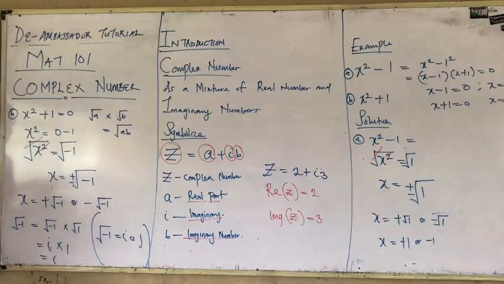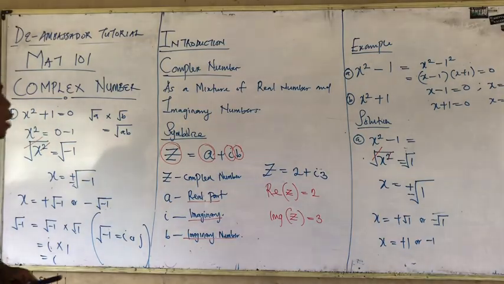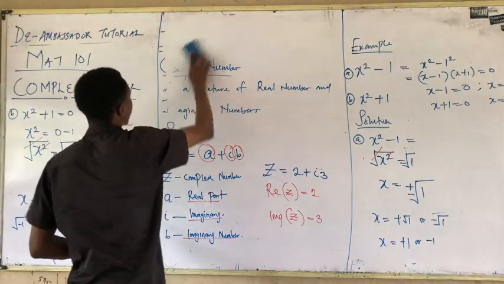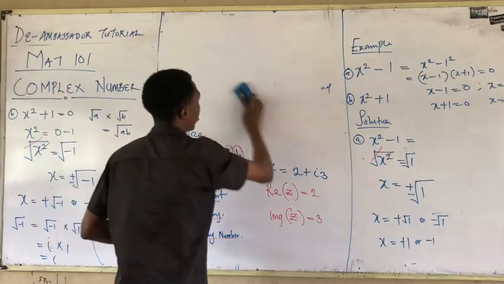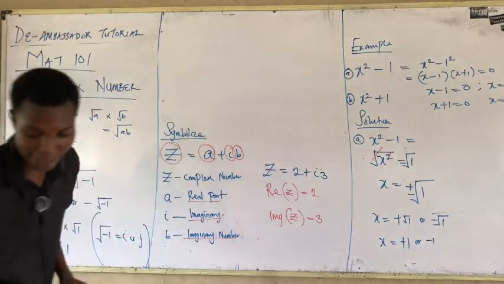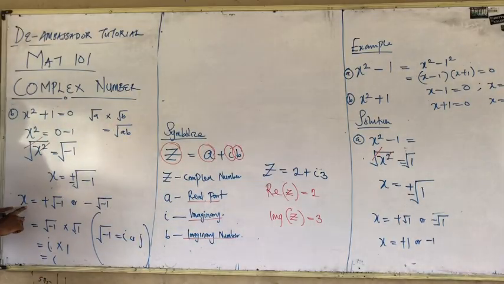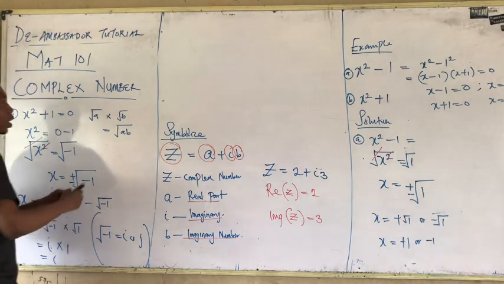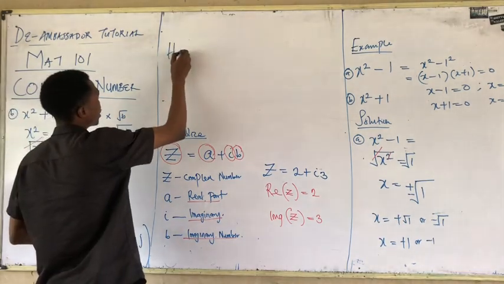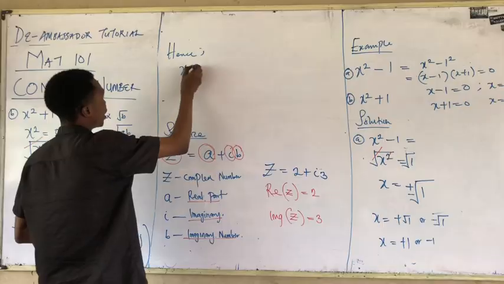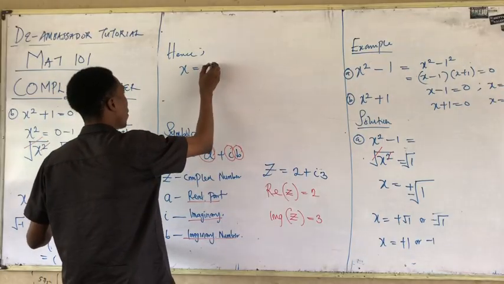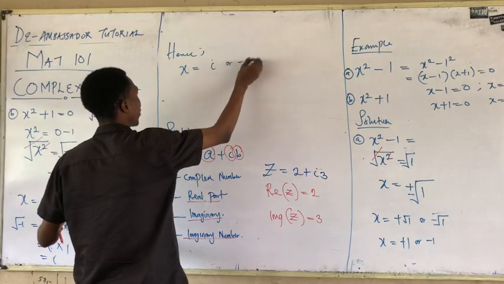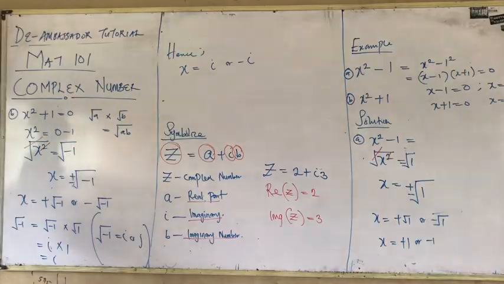You see that? So can I say that x equals plus root of minus 1 or minus root of minus 1? Hence, I can say that x is equal to I or minus I. Are we correct?